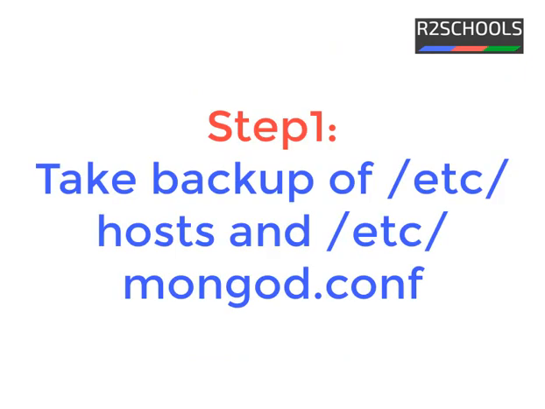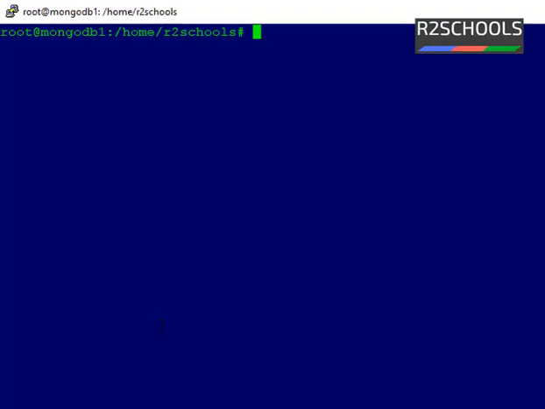Step 1. Here I am going to take backup of the hosts file and the MongoDB config file. I am in the home directory. Here I am taking backup of my hosts file, that is located in /etc/hosts, with the suffix _before_modif.